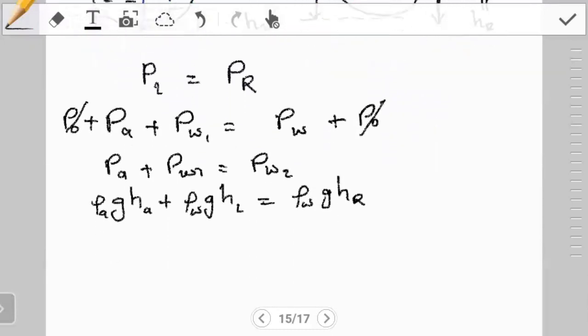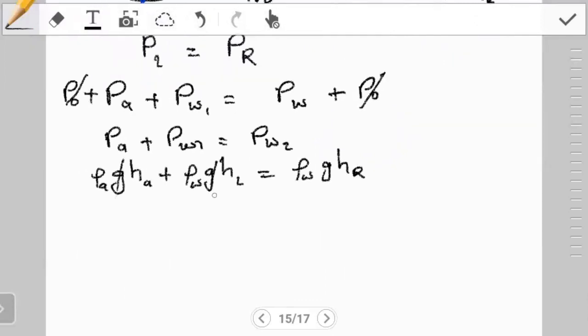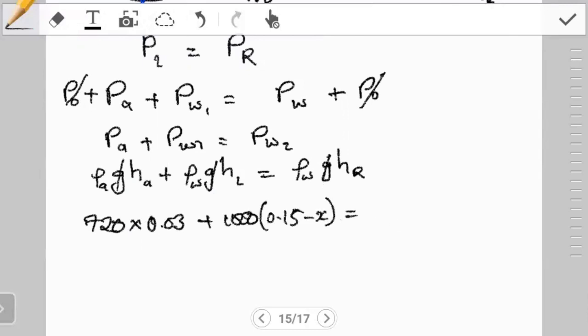So when you make the substitution here, first of all, gravity cancels out on each side. What we remain with is the density this side, which is 720, multiplying the height, which is 0.03, plus this is 1000, 0.15 minus x, plus x.